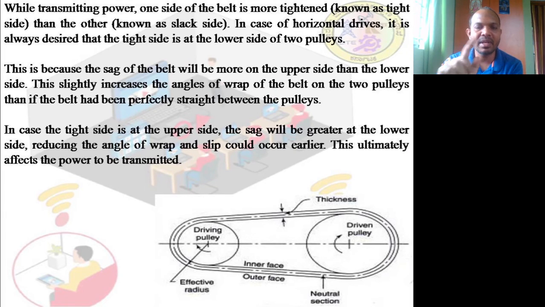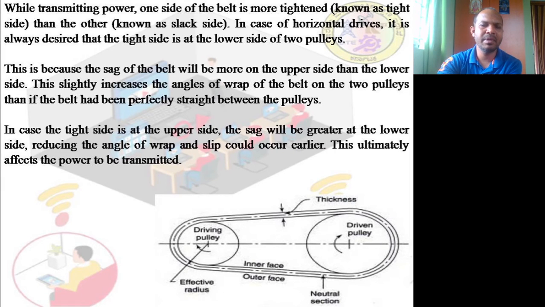Driven pulley rotation is less. For example, if the driving pulley is making 100 revolutions per minute, the driven pulley will be making maybe 85 or 90 or 95, but less than the driving pulley. Is it clear?